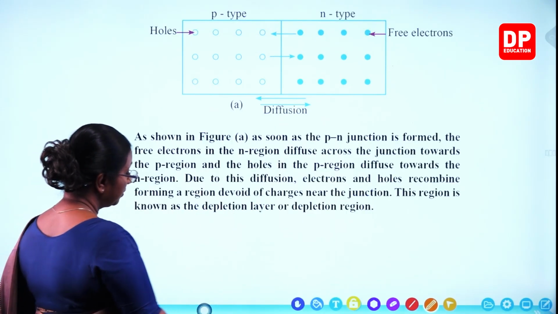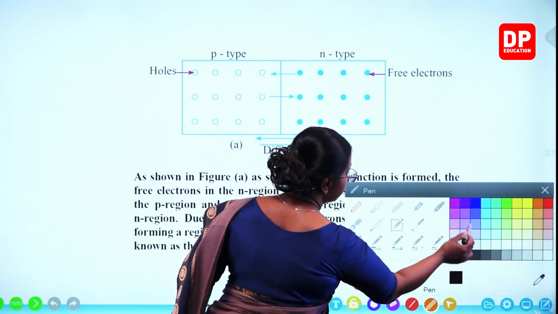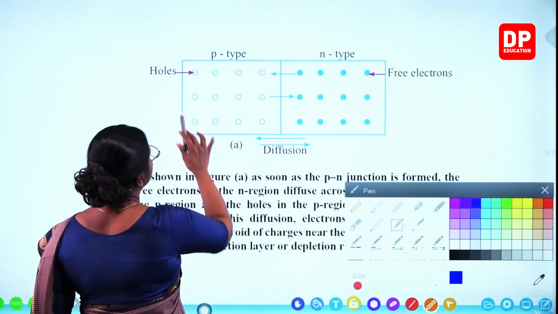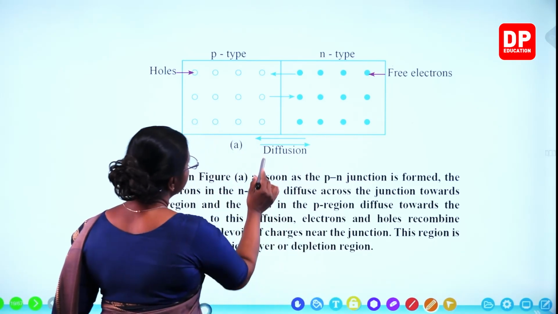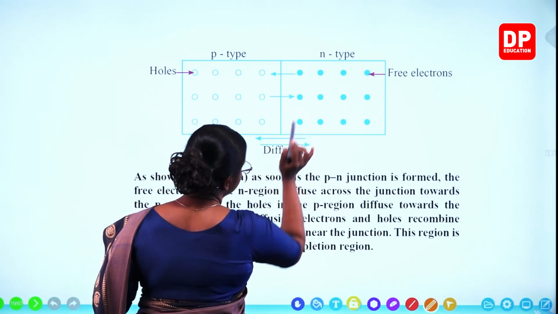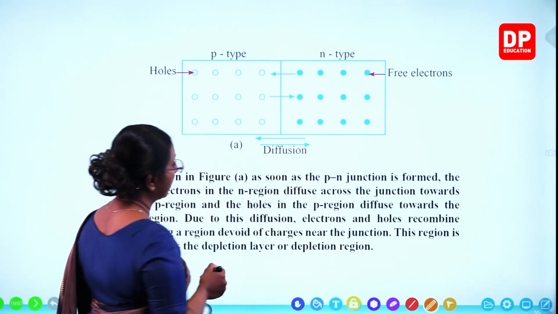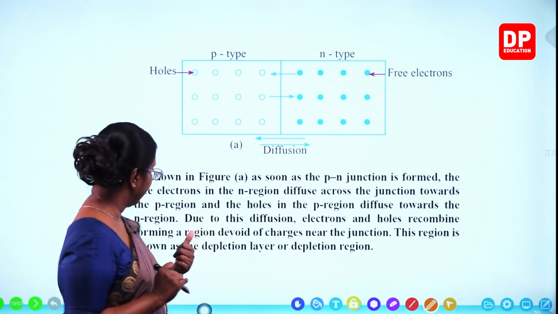So here you can look at the diagram. Here you can see, students, we have the p-type with the holes, n-type, the free electrons. So like I said, the electrons move from here to here, holes can also move. So that is what is shown as diffusion. That is the first diagram I explained to you all.